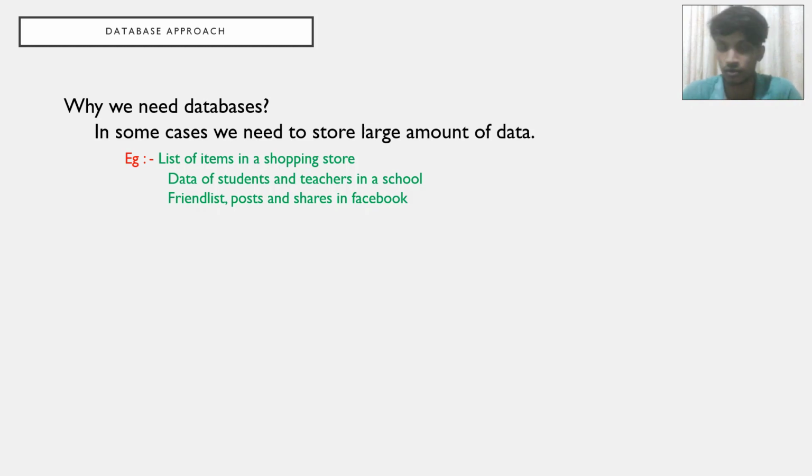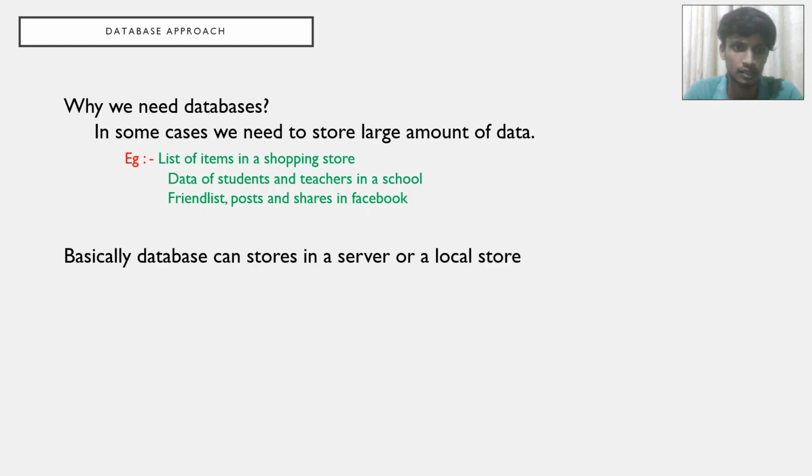In a shopping store there might be, let's say, 100 items of data. Each item can contain names, expiry dates, prices, like that. So it is way more efficient if there is a database to manage that data collection. That is why we need a database: simply to store and manage a large amount of data.